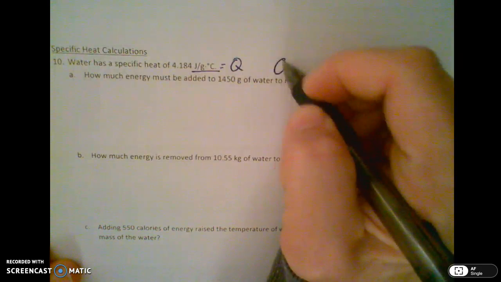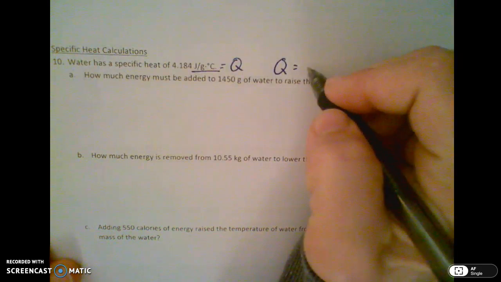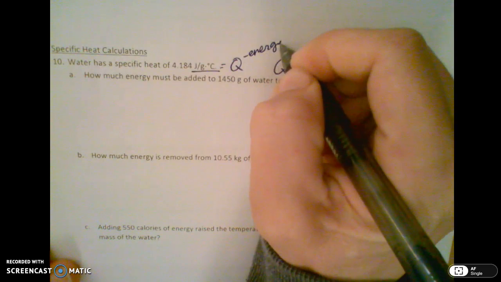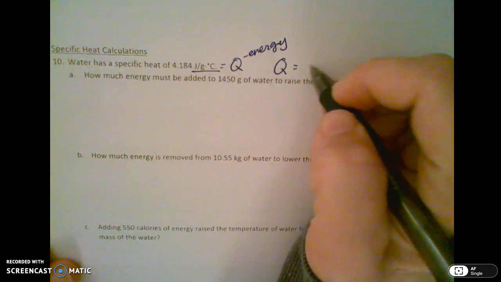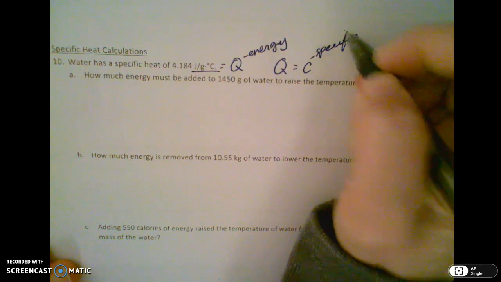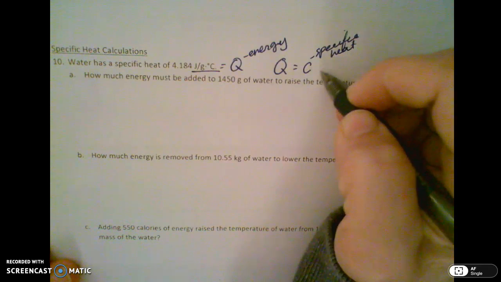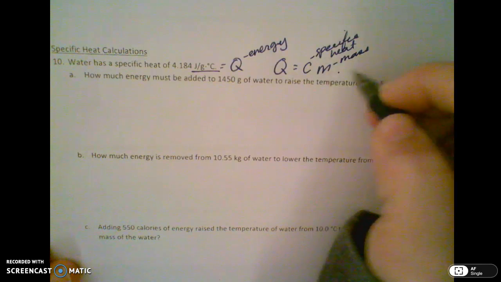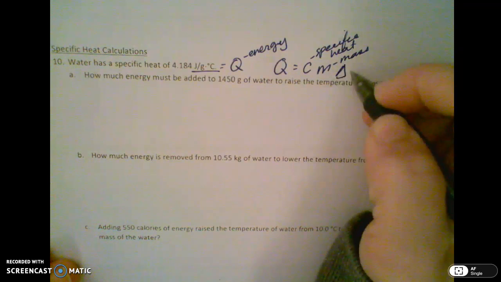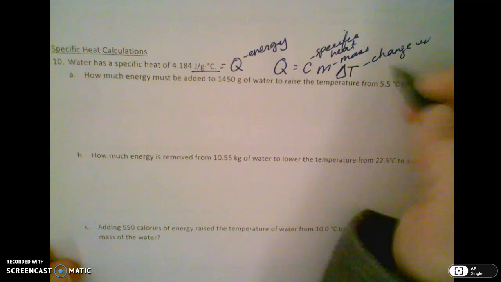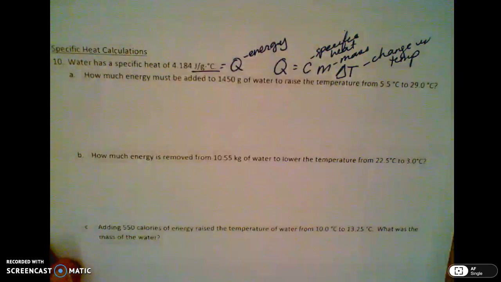There's an equation, which is Q equals, so this is your energy, Q equals C, which is your specific heat, times mass times the change in temperature. So this is change in temperature. Or we can do it through conversion dimensional analysis.